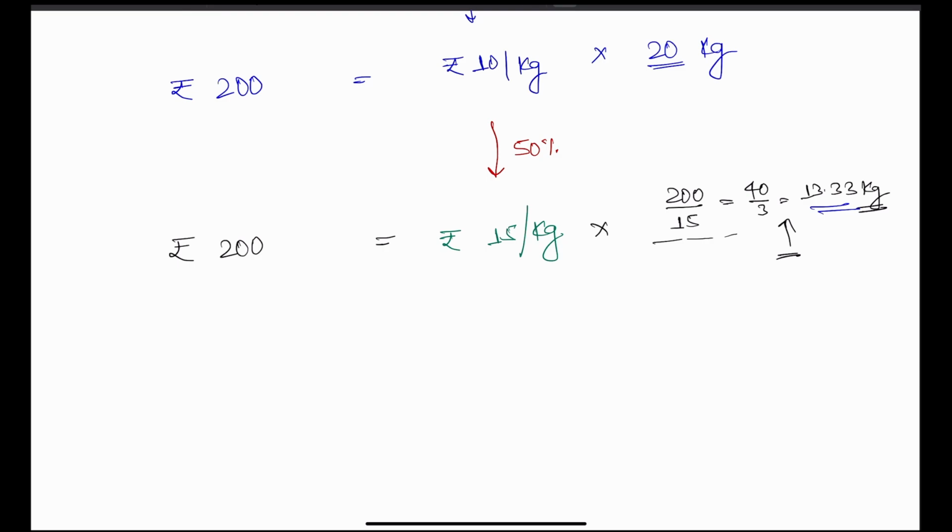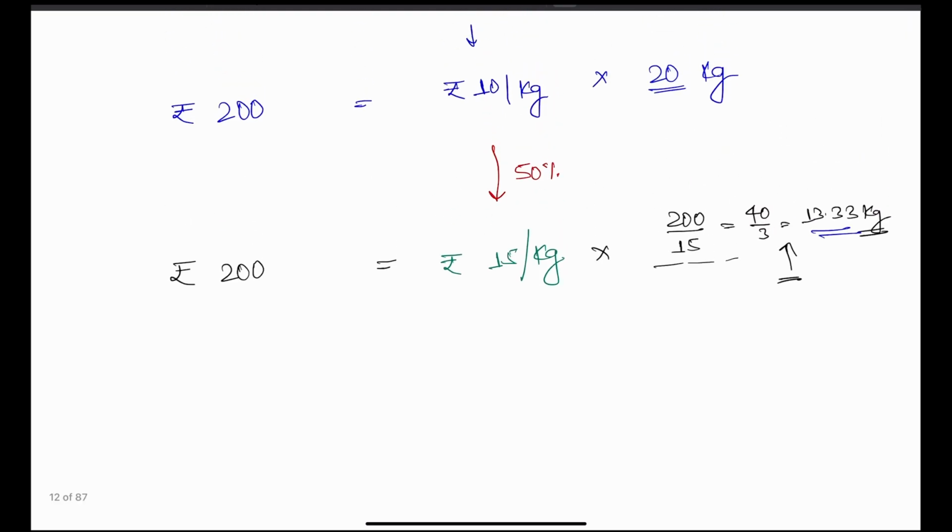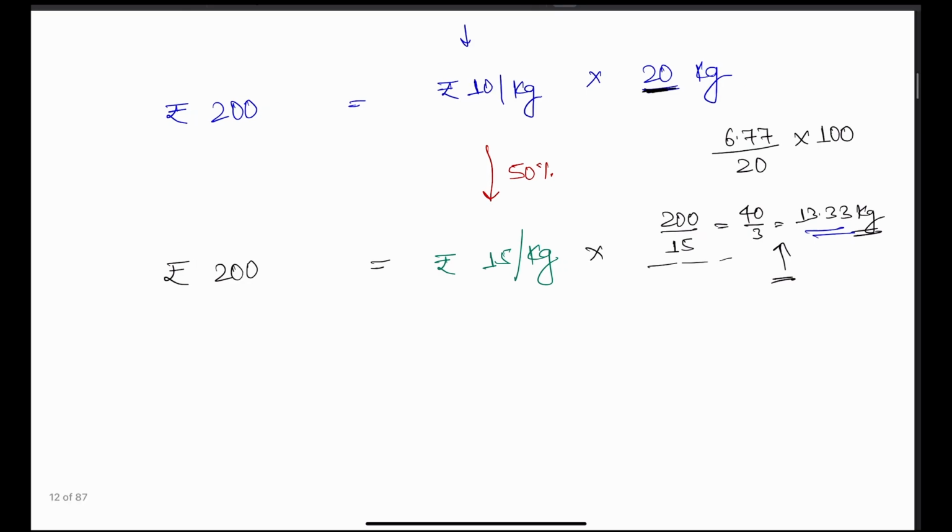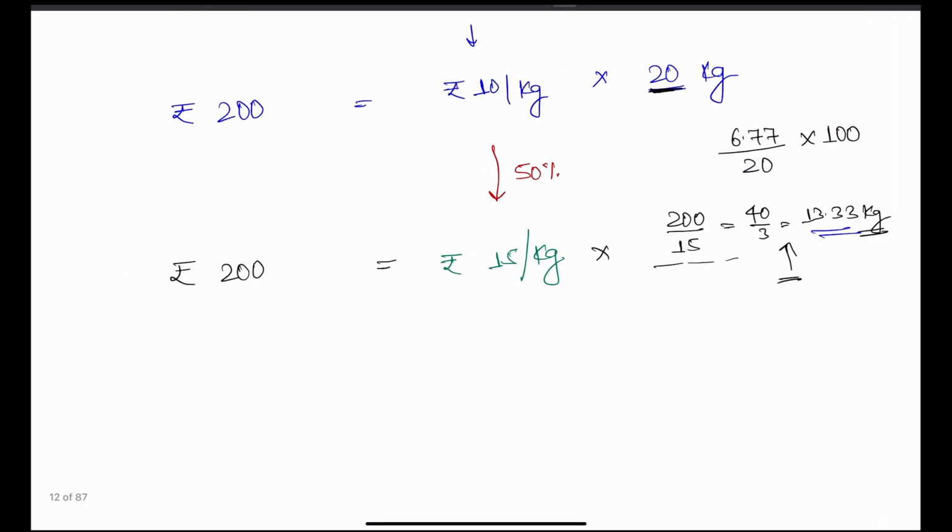The decrease will be 20 minus 13.33, which is 6.67, divided by, since I am saying decrease, I will compare with the previous one, which is 20. So in percentage terms, how much will it be?